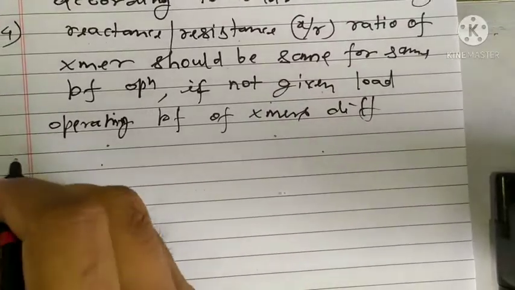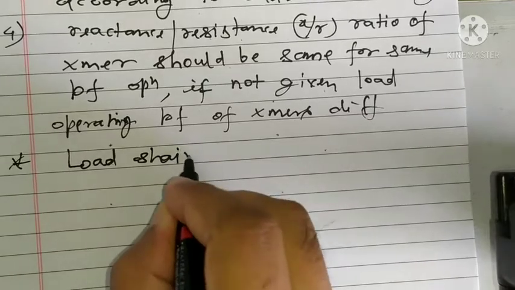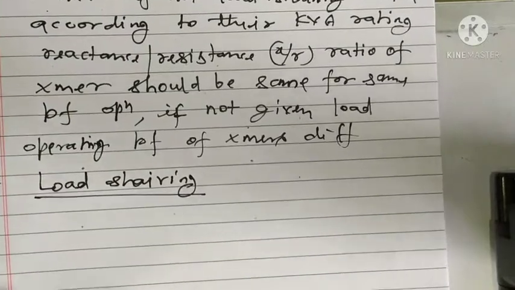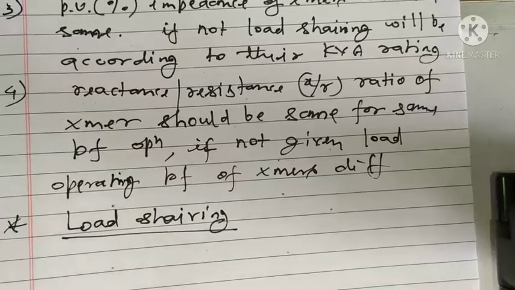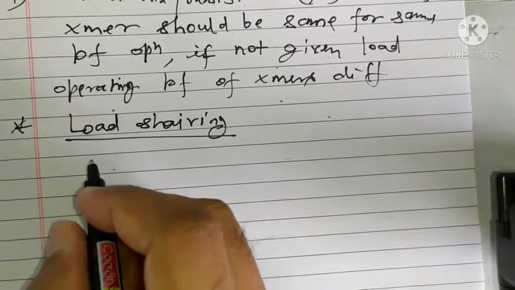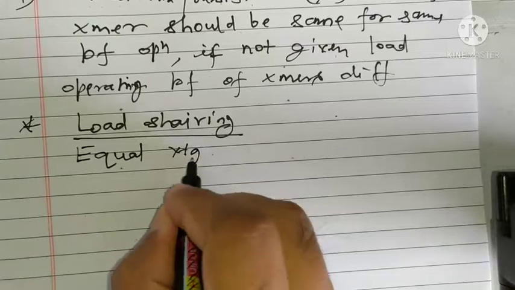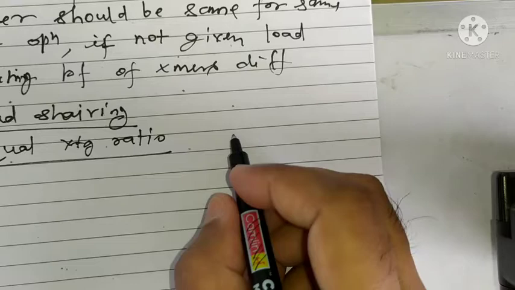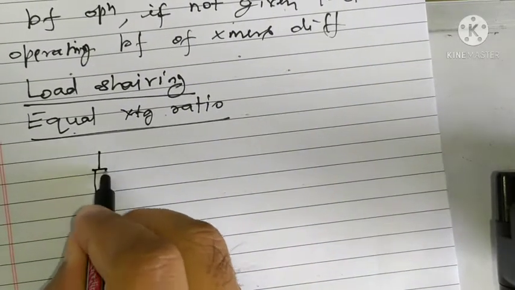Now let us see load sharing by transformers. We will see it for equal voltage ratio. All conditions are essential, but some conditions can be compromised, right? So if equal voltage ratio is there, how will the transformers share the load? Let me show two transformers with their impedance.